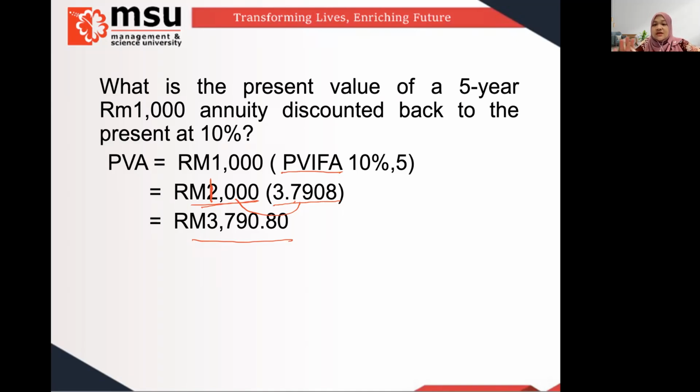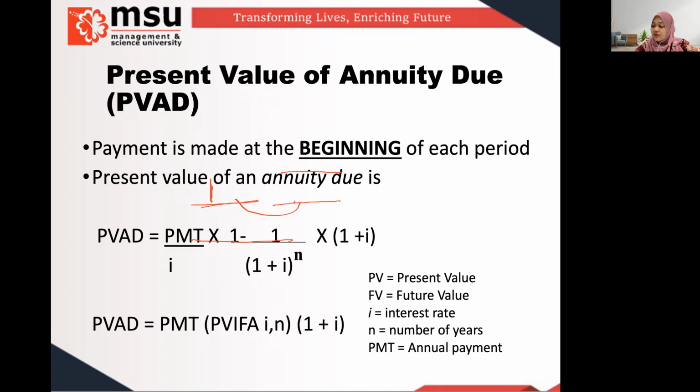Ordinary annuity means that this 1,000 ringgit is received at the end of each year. Okay, what if the 1,000 ringgit is received at the beginning of each year? So that is the keyword: at the beginning. So what happens with the formula?